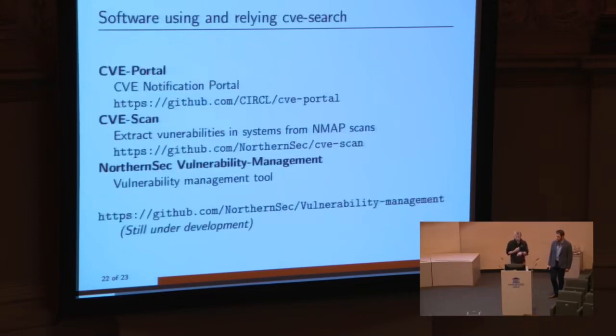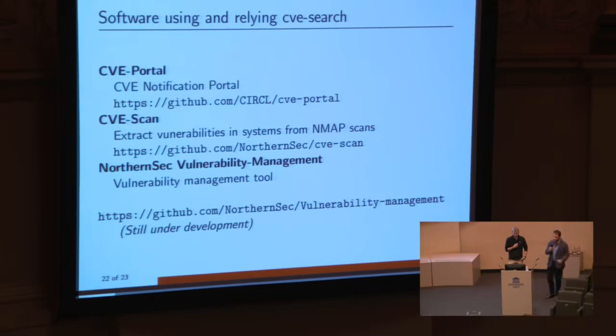Just to go back to this one, there is other software using CVE search that you can use too. Some are written by other partners, other people. For example, the CVE portal is a notification portal where people can register their software and get notifications later on. You can mention maybe CVE scan? CVE scan is an idea that I had. When you make an Nmap scan, sometimes you can find CPEs in there.